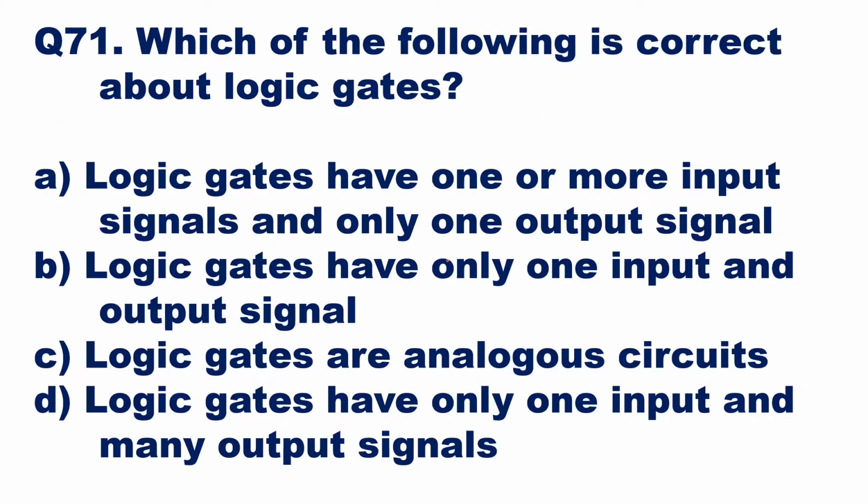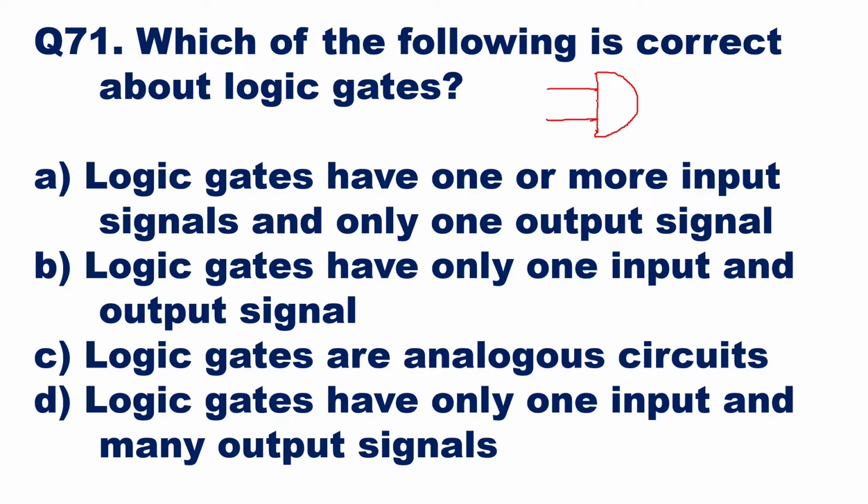Which of the following is correct about logic gates? Logic gates have one or more input signals and only one output signal. Logic gates have only one input and output signal. Logic gates are analogous circuits. All logic gates have only one input and many output signals. So out of this, the first statement is true because logic gates can have two inputs, three inputs, four inputs.